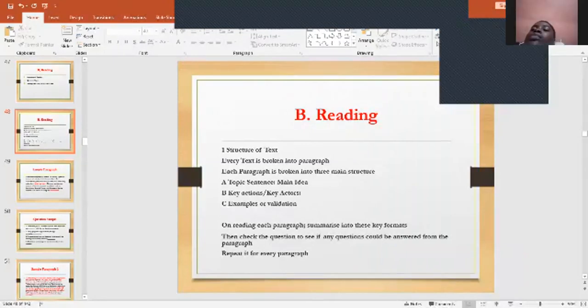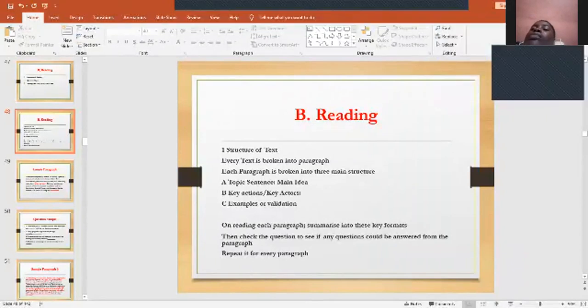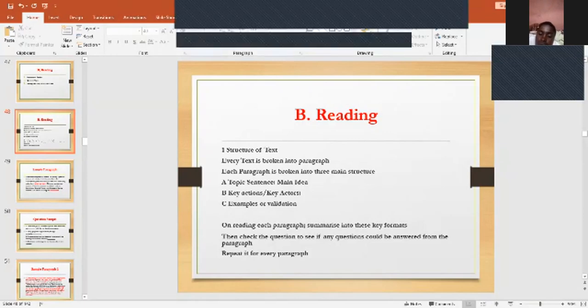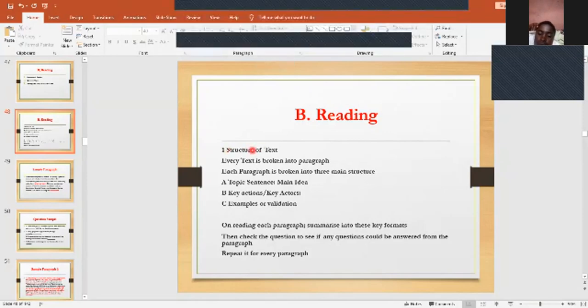Every reading passage is broken into paragraphs, and every paragraph has two or three main features. Let me use my cursor to annotate so that you can follow properly. So the structure of text: every text is broken into paragraphs, and each paragraph is broken into three main structures.